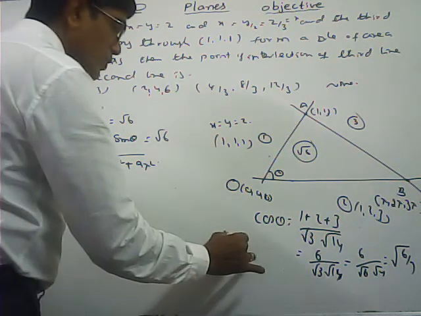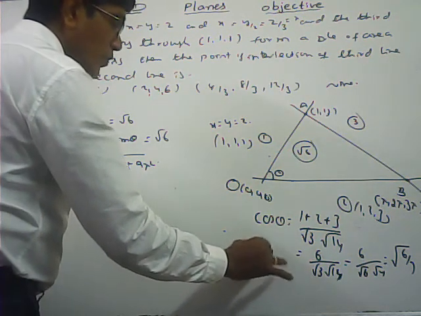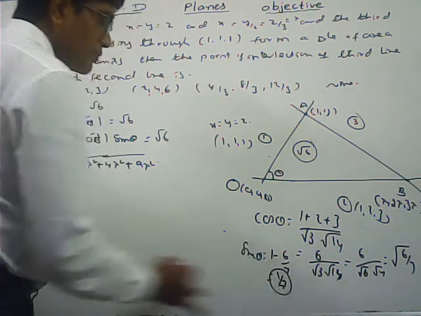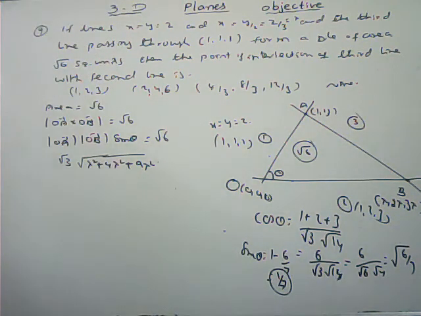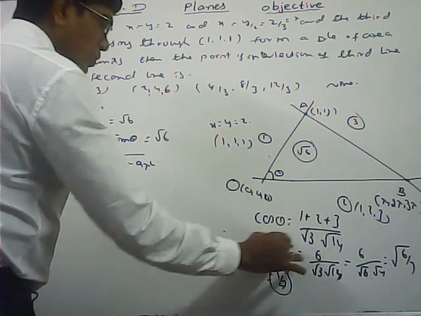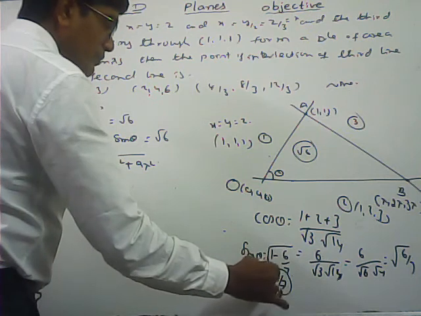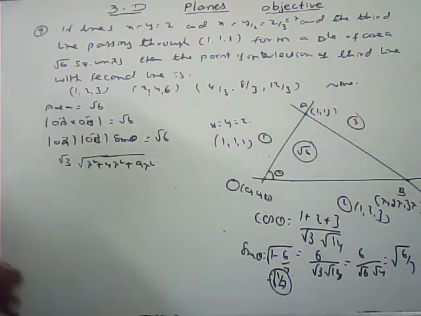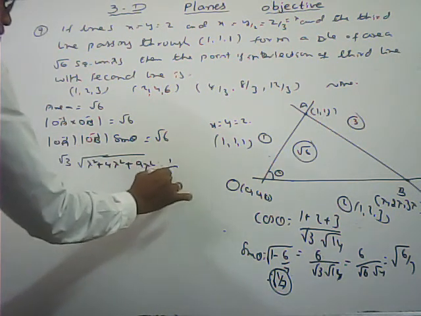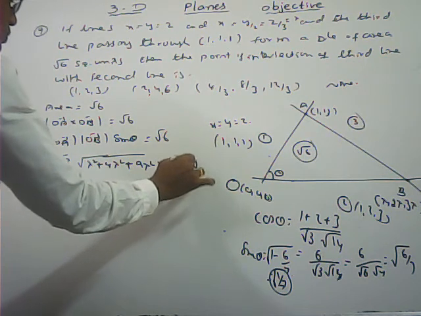Sin theta is equal to root of 1 minus cos square theta, that is root of 1 by 7. So modulus of A bar, modulus of B bar, sin theta, 1 by root 7, that is equal to root 6.